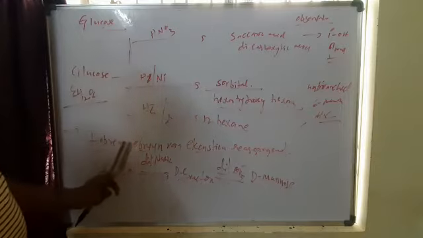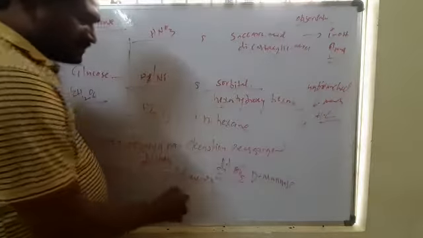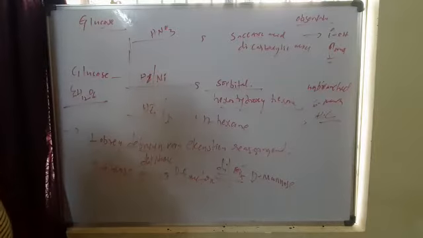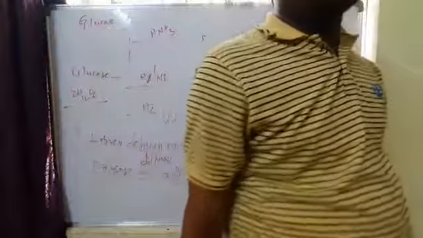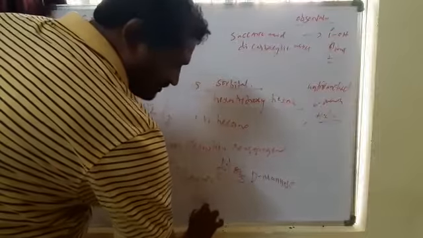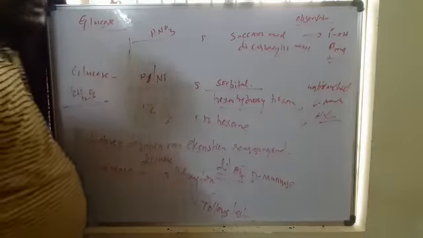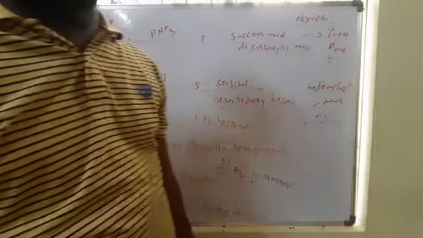Based on this rearrangement, D-fructose, even though it contains a keto function and not an aldehyde function, can give Tollens test. Why? Generally ketones do not show Tollens test.